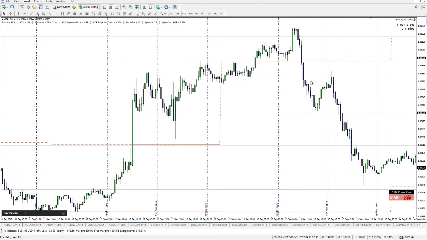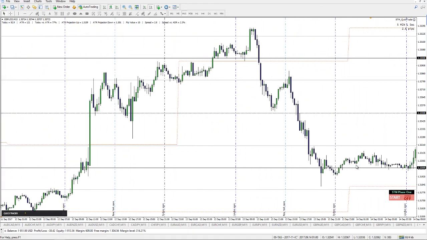And the horizontal lines are the full figure, the black dashed is the 50 level, and these two gray are the 20 and the 80 level.